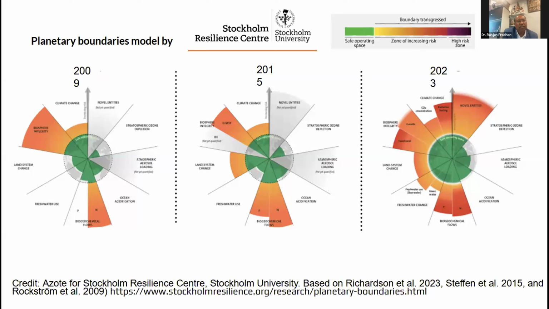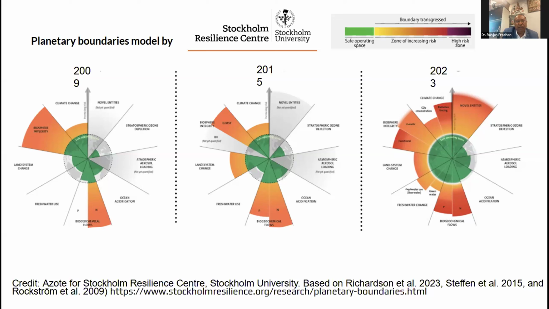The dotted circle in the center of the leftmost plot is the Earth's surface, and the green area is the safe operating zone, and anything that goes yellow and orange is moving out of the zone or into a riskier area. So 3 of them were there.